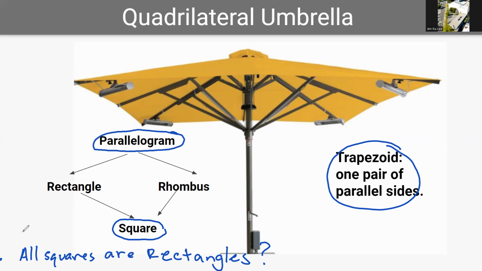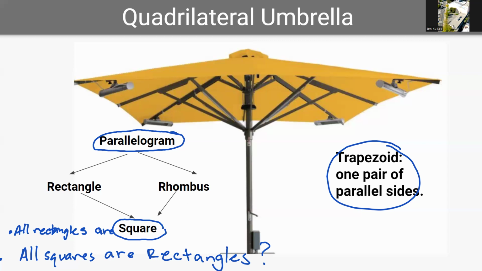Yeah. Can I say, let's just flip it, all rectangles are squares? No, right? I can't say all. Some rectangles, yes, are squares, right?